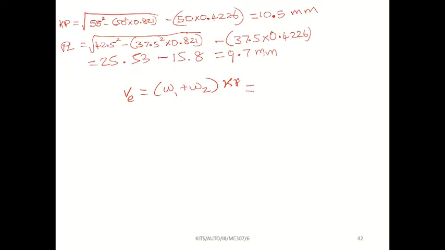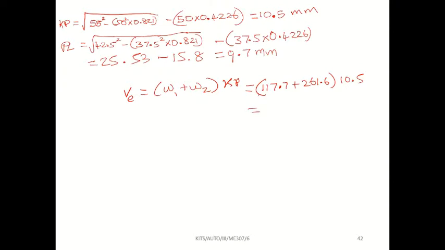Omega 1 is 117.7 and omega 2 is 261.6 into Kp. Kp value is 10.5.